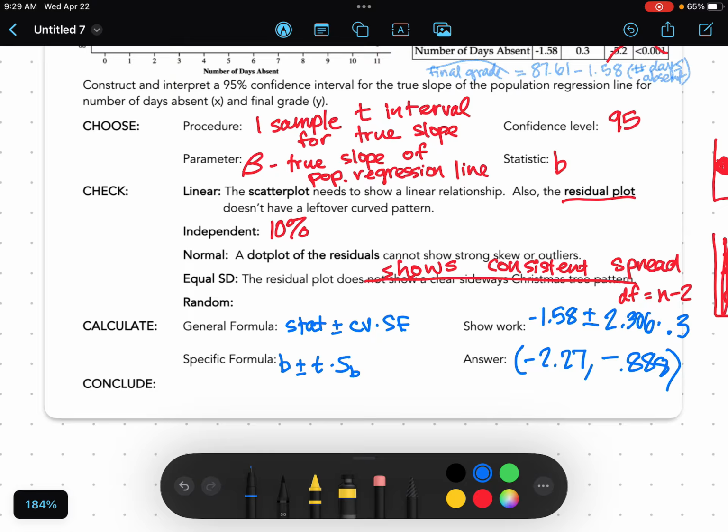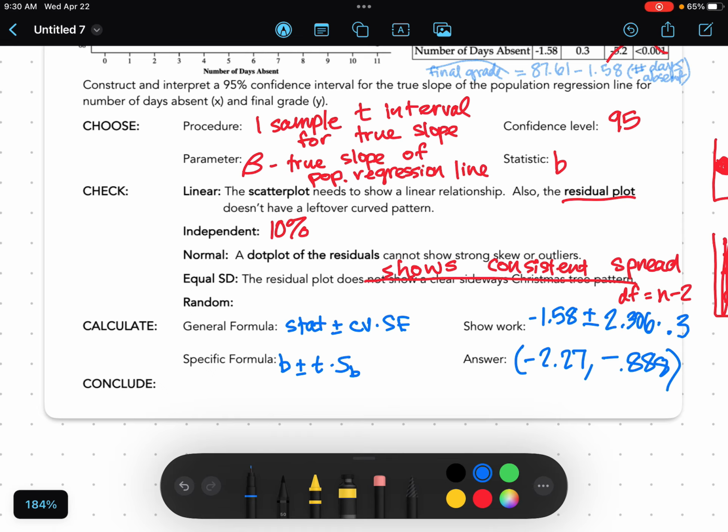Okay? So we could say, hey, we are 95% confident that the true slope of the population regression line for number of days absent and final grade is in the interval negative 2.27 to negative 0.888. Okay? What does that tell us? Here's my question. What if I came into this with the question, is there actually a relationship between number of days absent and grade? My sample of 10 people shows one, but do I think there actually is one?